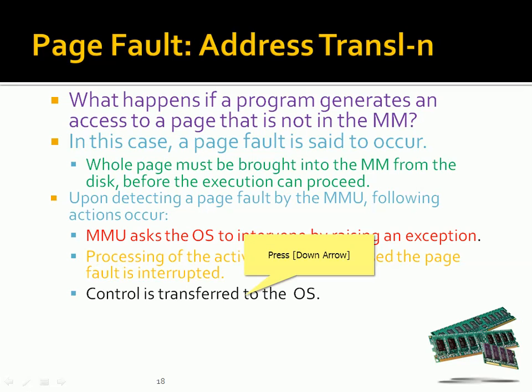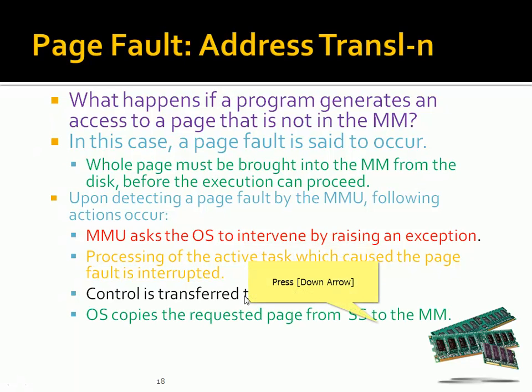Control is transferred to the OS. Memory management hands over the entire controlling mechanism to the OS. So, OS, please get involved here. You are supreme in this system. A certain page is not available. Now a page fault has occurred, so you have to use the highest priority and bring that page from where it is available.